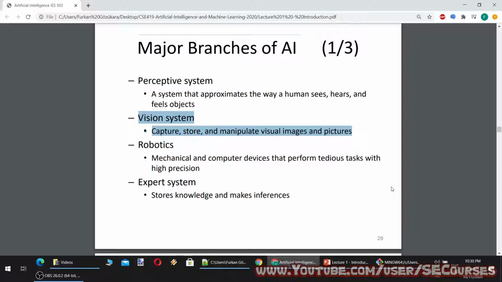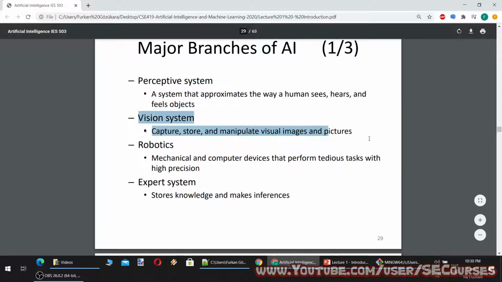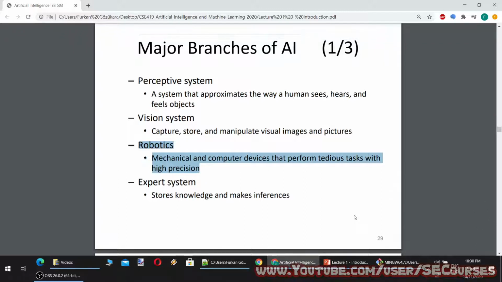Vision system: capture, store, and manipulate visual images and pictures. A vision system is a necessity for a perceptive system to be successful. Robotics: mechanical and computer devices that perform tedious tasks with high precision. So robotics is necessary to physically manipulate anything.